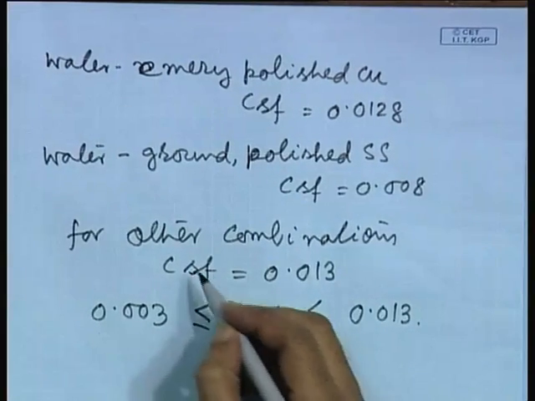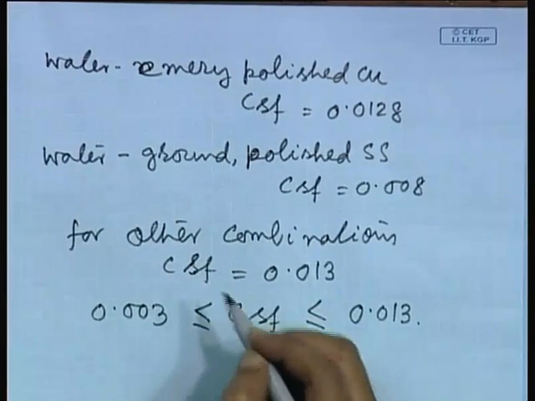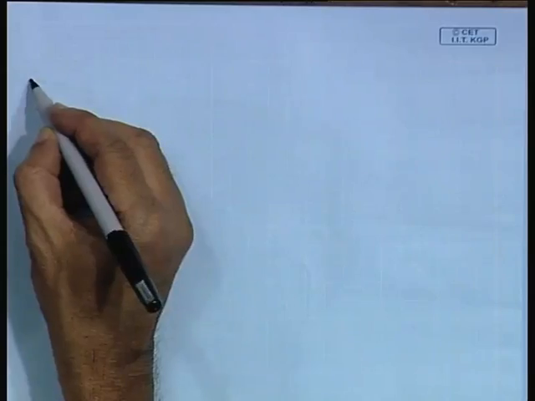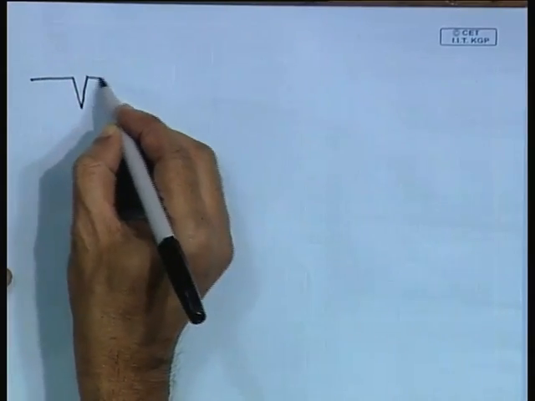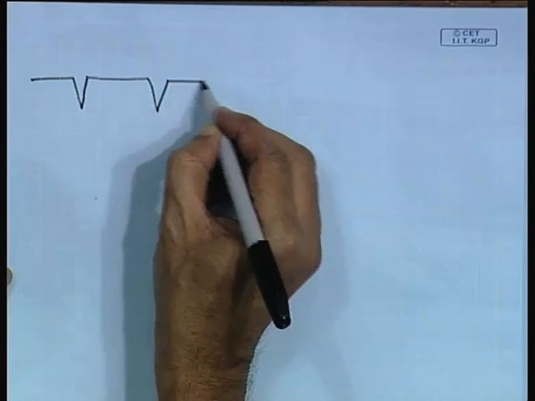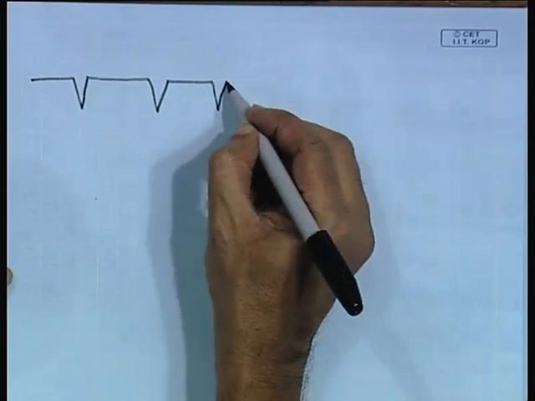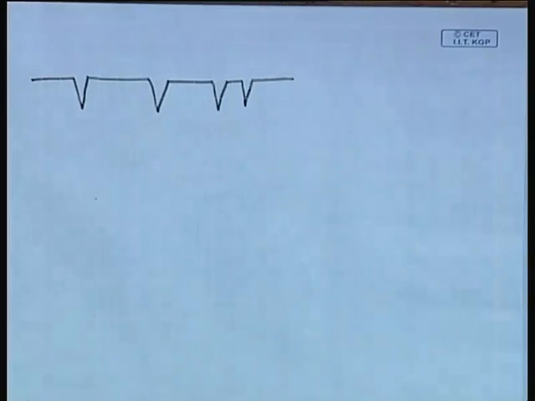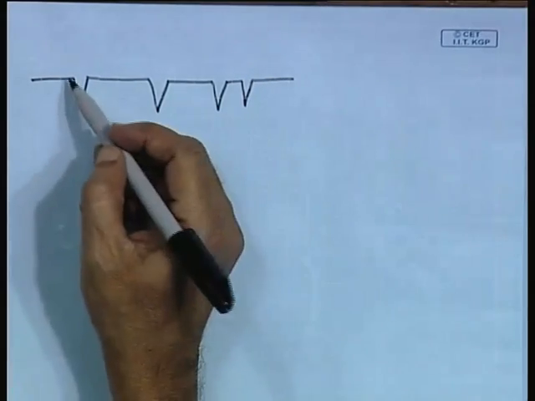This CSF takes care of many stochastic variables in the process of boiling. That means, depending on the surface and liquid combination, there could be surface roughness or surface preparation, different nucleation sites, and contact angle.